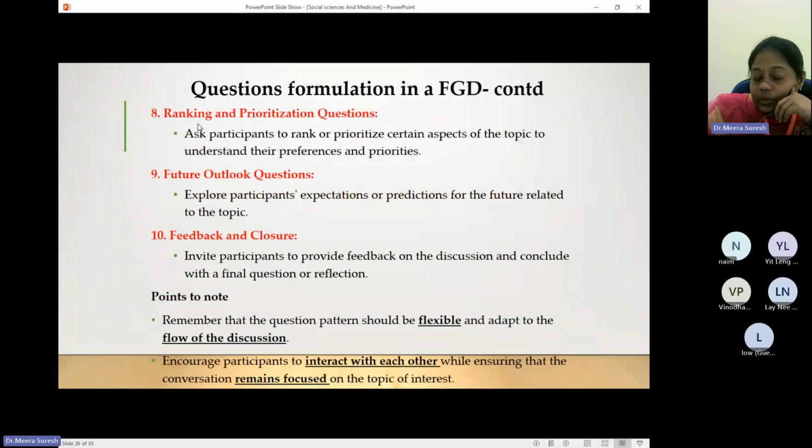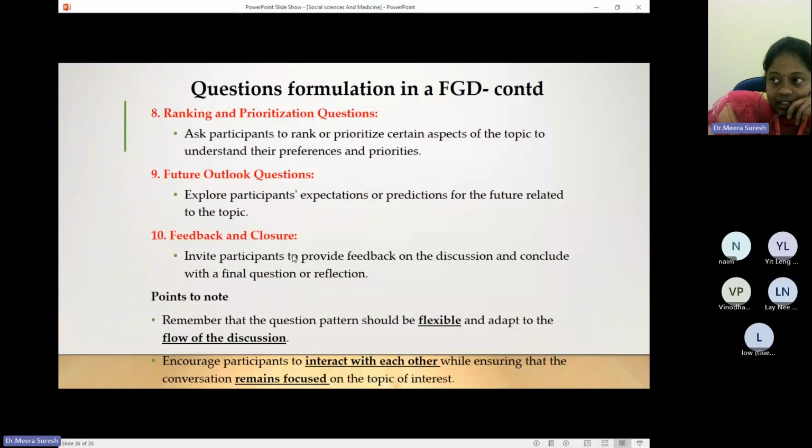Then you can ask questions which ask people to rank or prioritize, to understand their preferences and priorities. Then ask about their expectations or future outlook regarding that particular matter, and finally feedback and closure.